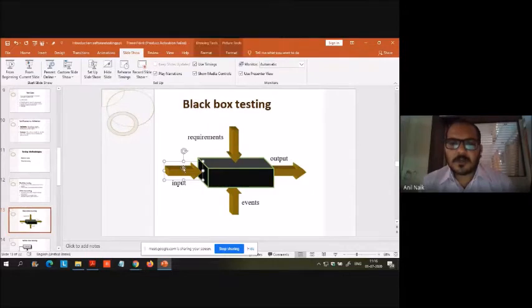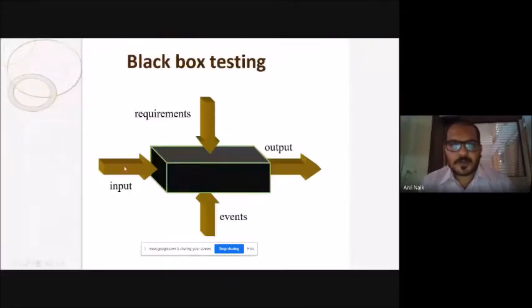You provide the input and compare the input and output. Here you mainly focus on the features and requirements of the software. Internal knowledge is not required.